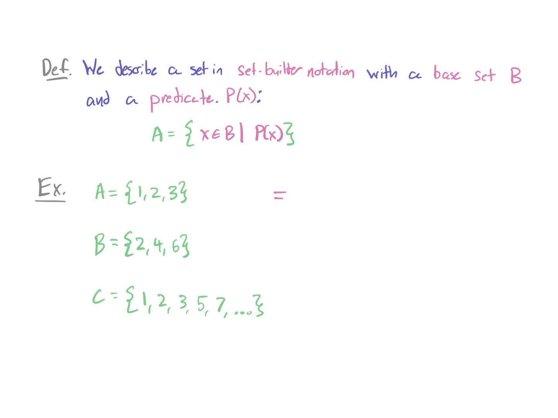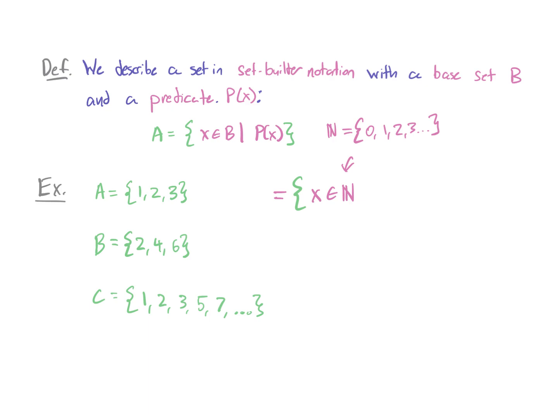We have a special name for this set: the set of natural numbers. So N is the set of natural numbers, and it contains 0, 1, 2, 3, and so on.